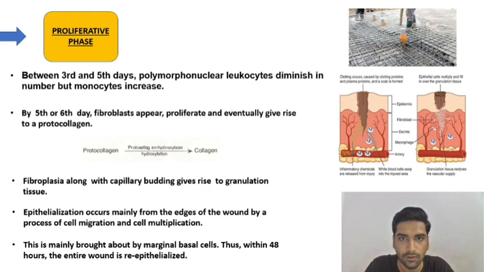So this all complex will form a granulation tissue. Granulation tissue is always formed in chronic inflammation, not in acute inflammation, right? This you should not forget. So fibroplasia along with capillary budding gives rise to a granulation tissue. Now this granulation tissue, what will it help in?